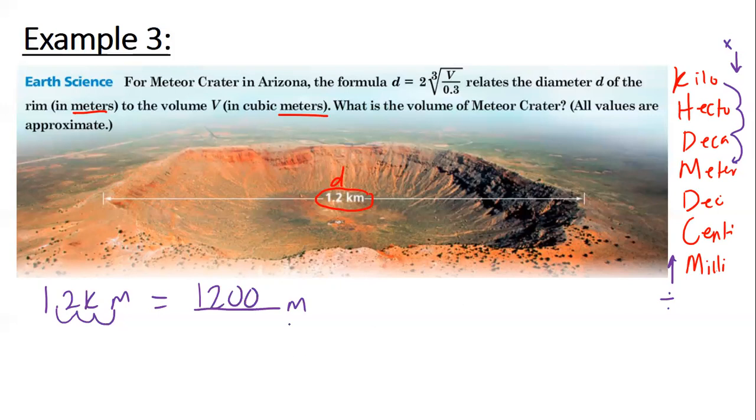All right. So now that I have what D is in customary, so I know that this is 1,200 meters. Now can I plug it in and solve the equation? Yes. So we have 1,200 equals 2 times the cube root of V divided by 0.3.